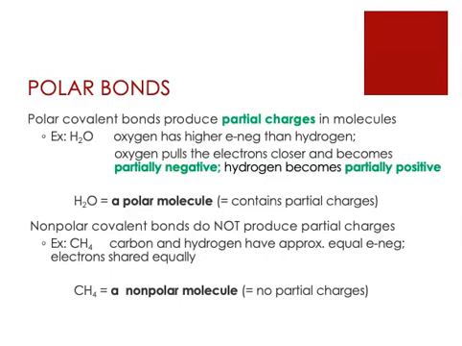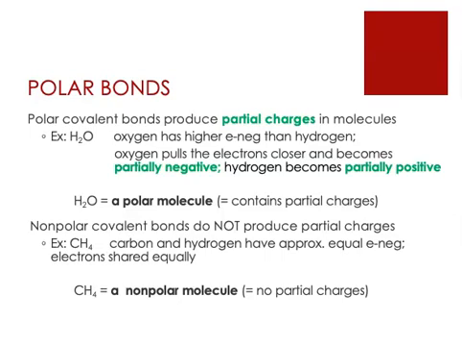So, a polar covalent bond produces partial charges in a molecule. In H2O, in water, oxygen has the higher electronegativity compared to hydrogen, so that covalent bond between those two atoms has unequal, uneven, asymmetrical sharing of the electron pair.